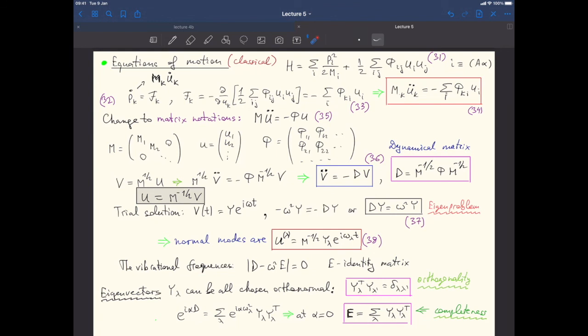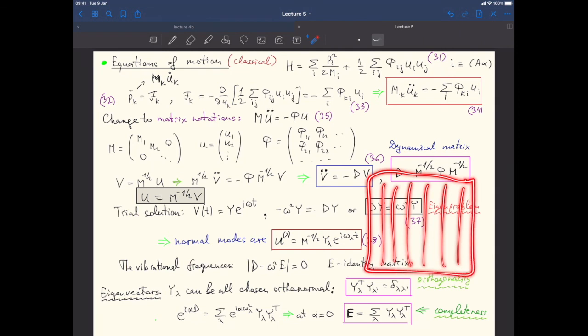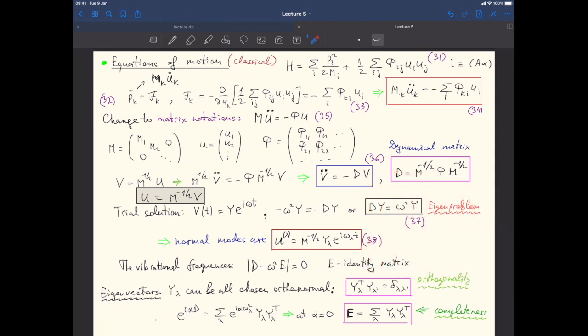They also satisfy the so-called completeness relationship, and this comes from the fact that if you place eigenvectors as columns, the matrix you construct this way, which is called a modal matrix of matrix D, will be orthogonal because its columns form a set of orthonormal vectors.